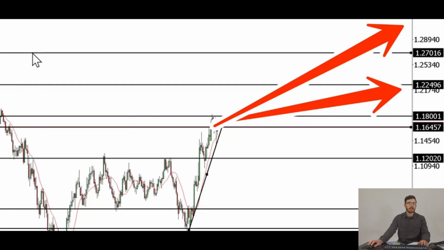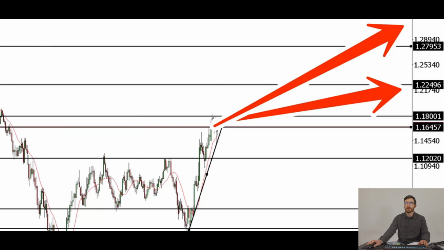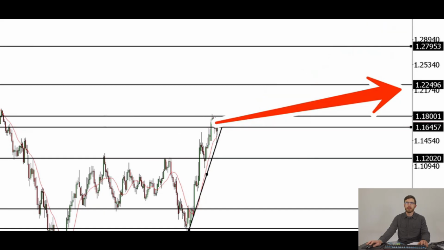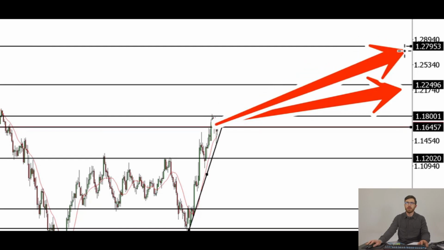You can see here there is historic support over here. So we could see the market moving to 1.27. Let me just quickly remove these. So you could see the market moving to 1.27 as a second continuation target.